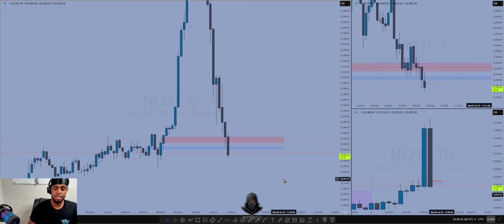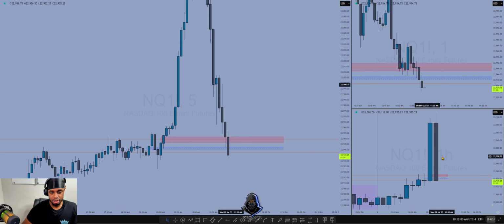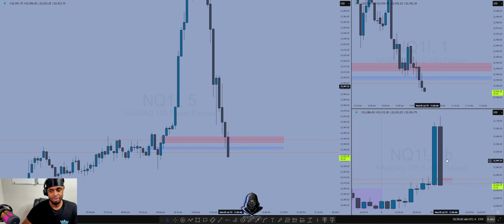Now it could play inside this consolidation range, but when you have 2 hourly candles like this, you gotta treat it with caution.